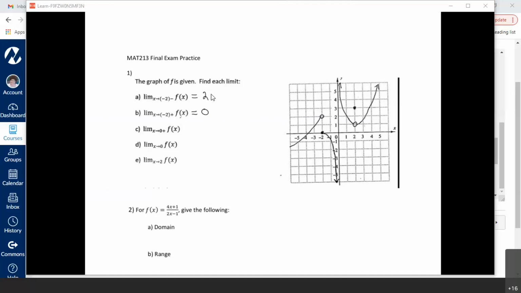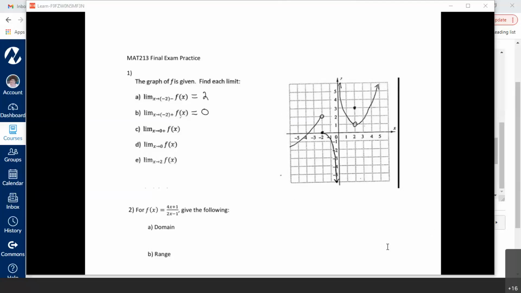Now, what you would also know is, does the limit as x approaches -2 exist? So I'm asking you a question that's not on the sheet. Does the limit as x approaches -2 exist? I have it from the left side, it's one value.